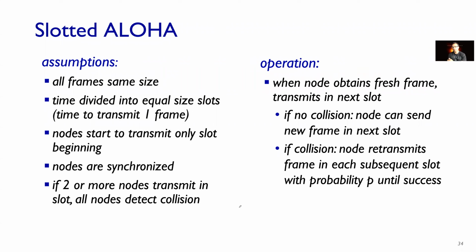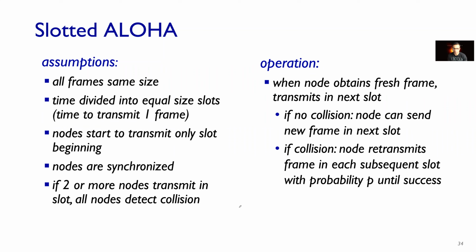The actual logic is fairly straightforward. When a node has a fresh frame, in that the network layer pushes down new data and the link layer creates a frame, it will immediately transmit in the next upcoming slot.